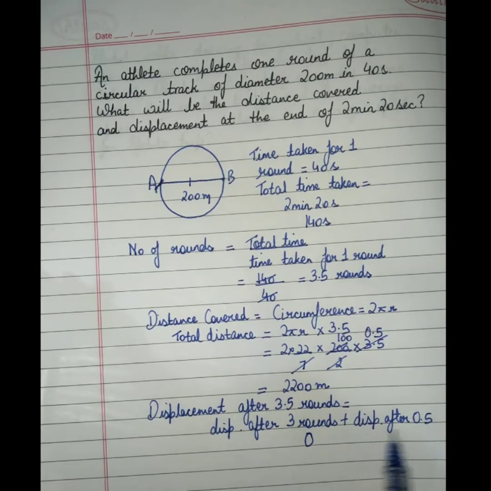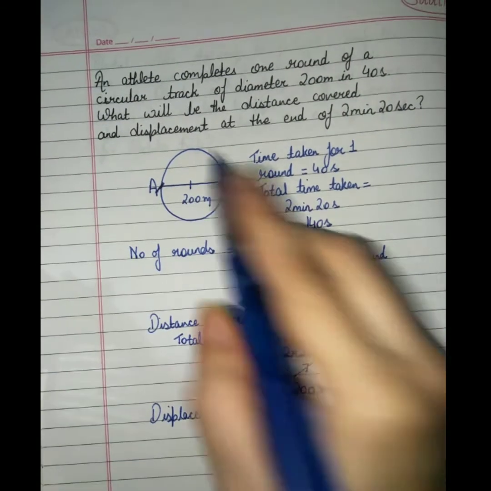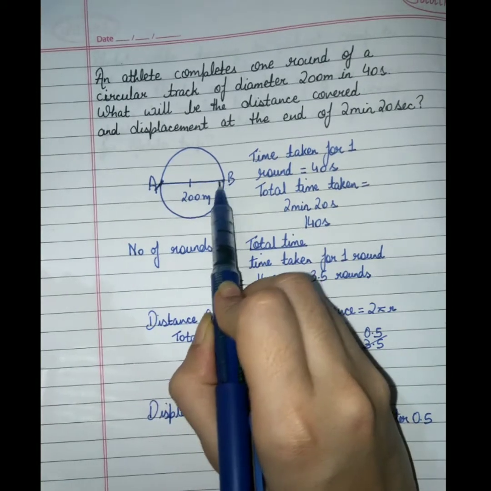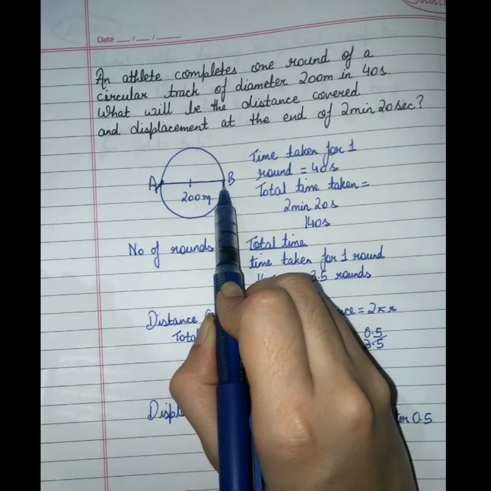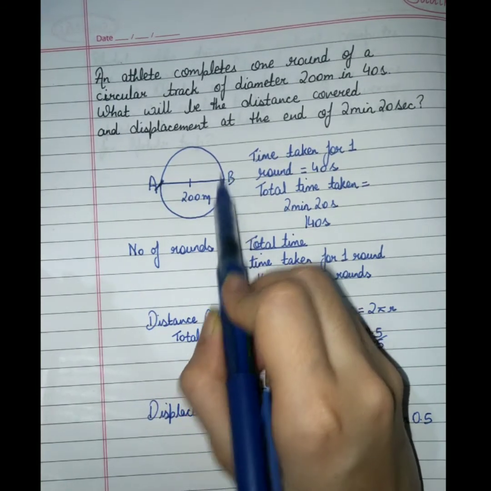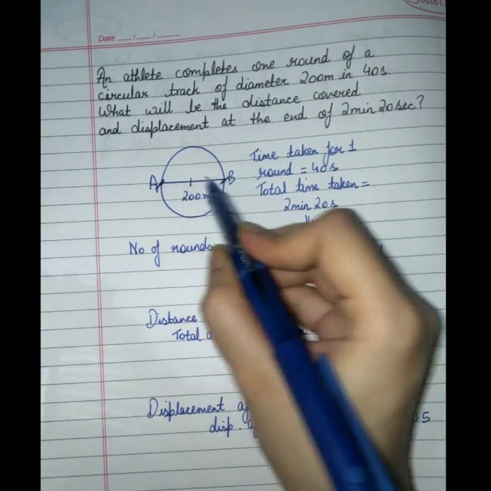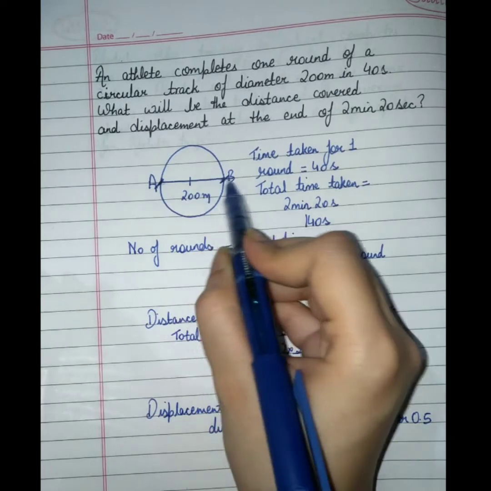But when we talk about displacement after 0.5, that is half round, what will be the initial point of the half round? A. And what will be the final point for the half round? That is B. The shortest distance that can be constructed from A to B is this particular diameter only.